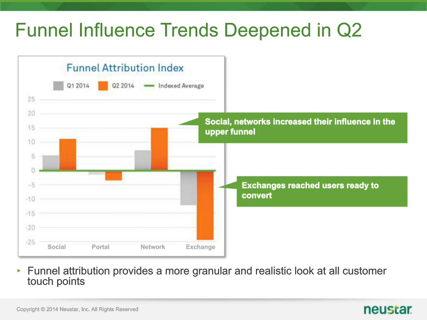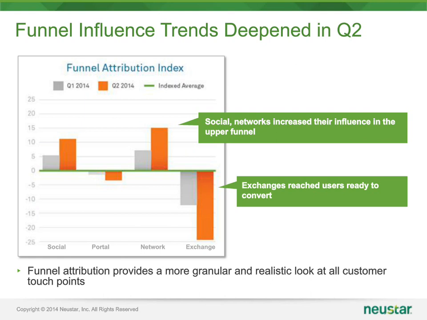And social and networks increase their presence in the upper funnel, as you can see here, validating a continued trend that we probably saw mid-year last year in terms of using social channels and possibly networks to drive brand awareness.